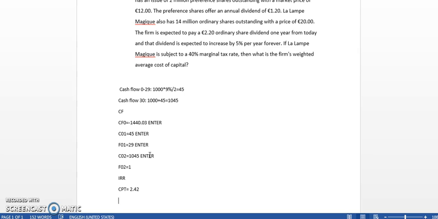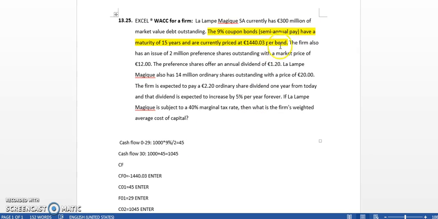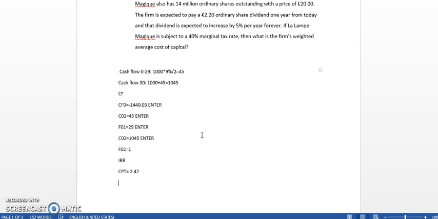But because it's a semi-annually paid bond, the annual cost of capital here should be this times 2, that is 4.84. If it's a complicated number, you can just press times 2 on the financial calculator and it will do the calculation automatically. That gives us the same answer, 4.84.